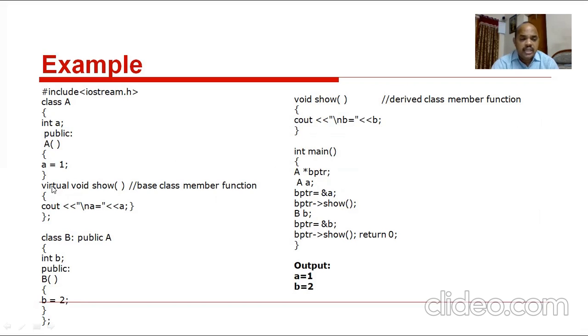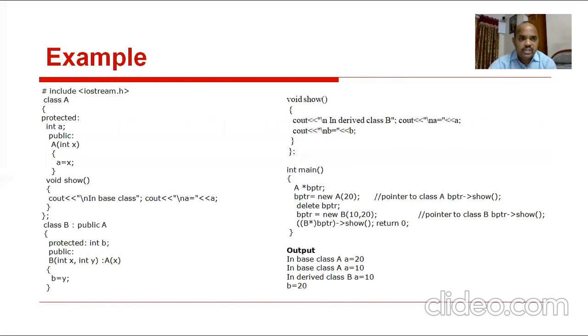Then there is a base class member function prefixed with a virtual keyword. Observe all of you. Here clearly virtual void show, here base class member function, here cout, etc. Clear?